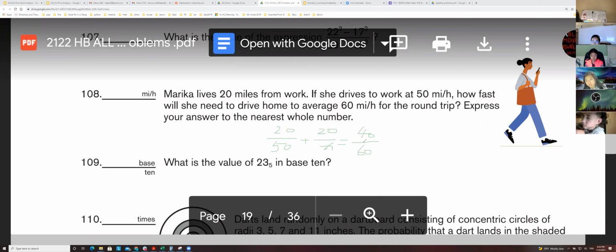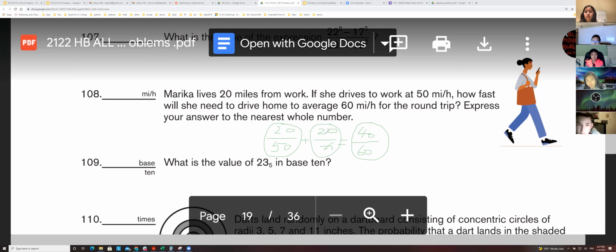Because this is the total distance, this is the total average speed. So this would be the total time of two ways. And we know one-way time is this, and one-way back would be this.